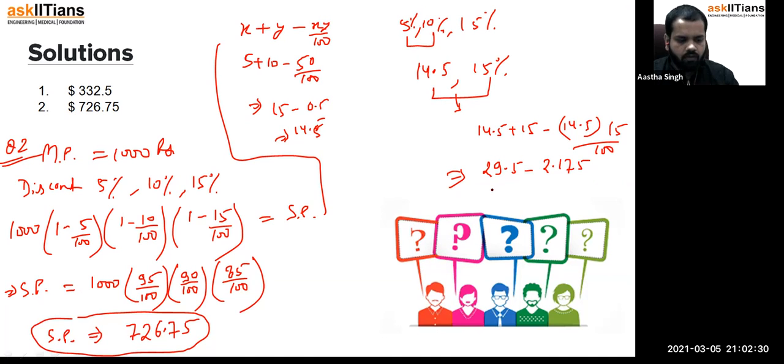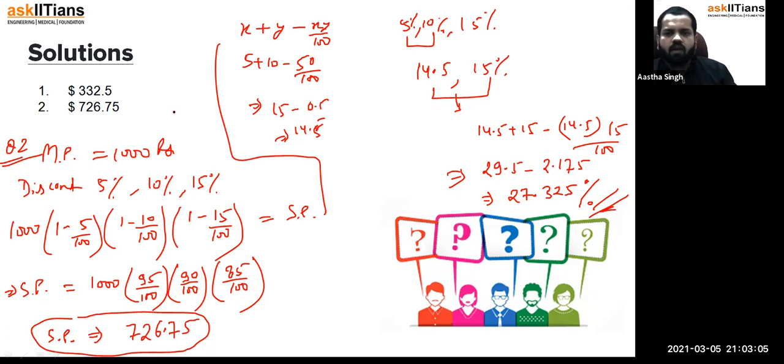And if you subtract it from 29.5, 29.5 minus 2.175, that will be 27.325 final percentage. Okay, guys. So this is your final percentage.